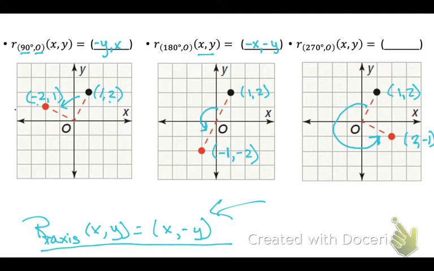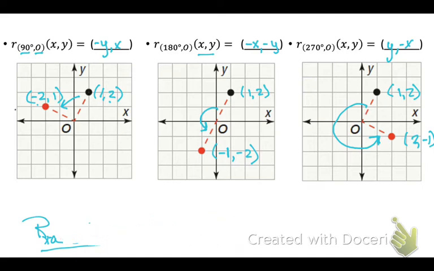Because it went over 2 and down 1. Noah, what do you got? Y and negative X. Do you guys agree with his Y, negative X? Yeah. Now, when you get a chance, if you have a highlighter, go and highlight those 3 rules.